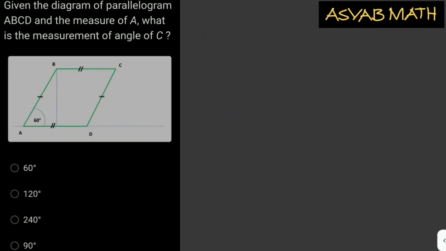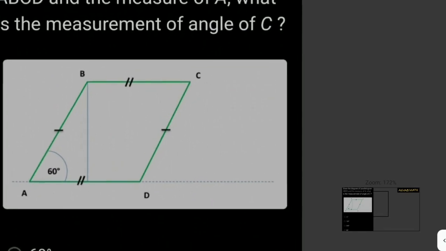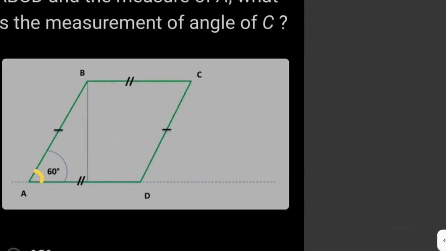Okay, let's solve another problem here. Given the diagram of parallelogram ABCD and the measure of A, what is the measurement of angle C? So we're given this angle here, then we need to find this one. In a parallelogram, angles opposite each other have the same measurement.